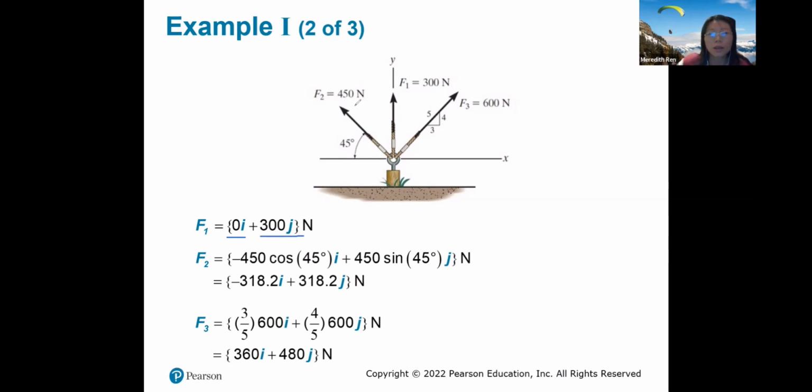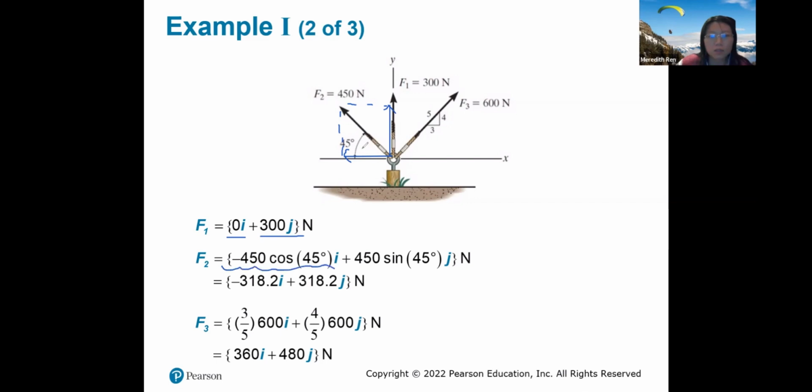For your F2, it's 45 degrees in the second quadrant. So when we're breaking F2, you can do it this way for your X component and this way for your Y component. Let me put an arrow over here and here. We're breaking it into this triangle, or this parallelogram, which will be a square in this case because it's 45 degrees. Now, the X component is going to be negative.